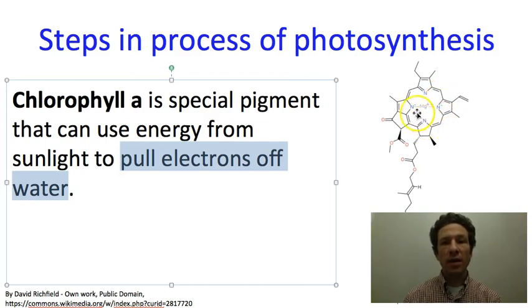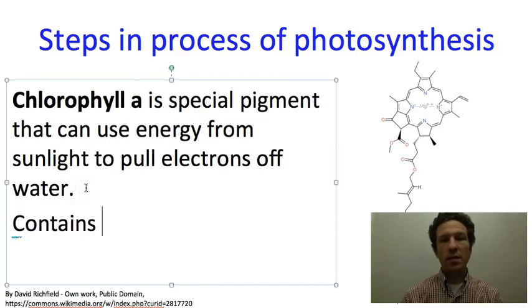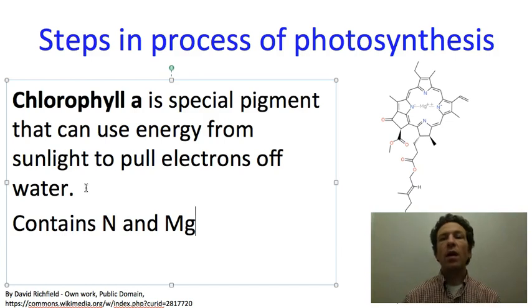One use of that is that nitrogen is required in a chlorophyll A molecule. Second, you can see right in the middle of this magnesium, Mg, and let's just say it contains N and Mg for magnesium. This means that magnesium is another essential nutrient for plants.